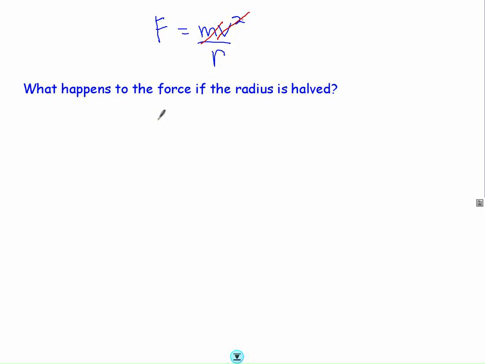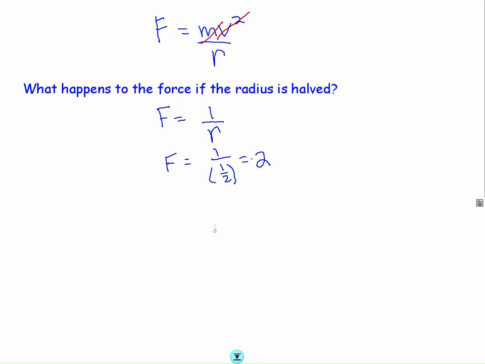So we're just left with F and R. So the equation ends up looking like this. F equals, now there's nothing left on the top, so I'll just do a 1 as a placeholder. R on the bottom. F equals 1 over R. The radius is halved, so F equals 1 over 1/2. 1 over 1/2 is 2. What that means is if the radius is halved, the force is going to be 2 times as big. The force is going to be doubled.